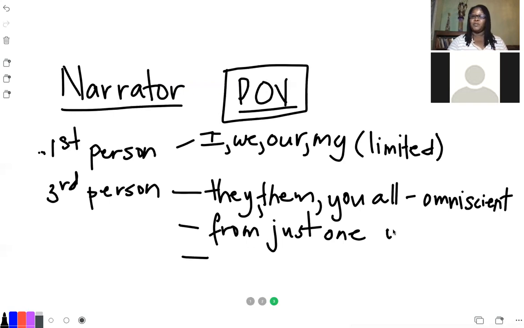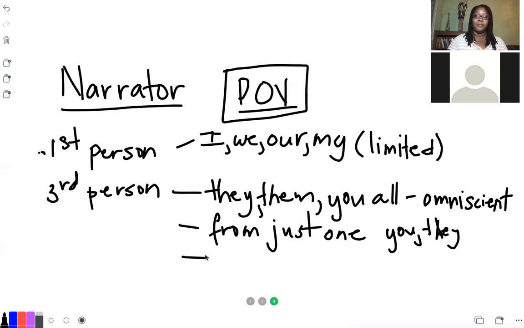So they're going to be using the you, they, and all of those other pronouns. The only thing is that they are just recounting the information from just one person's perspective. But it's not a matter of being a first person.